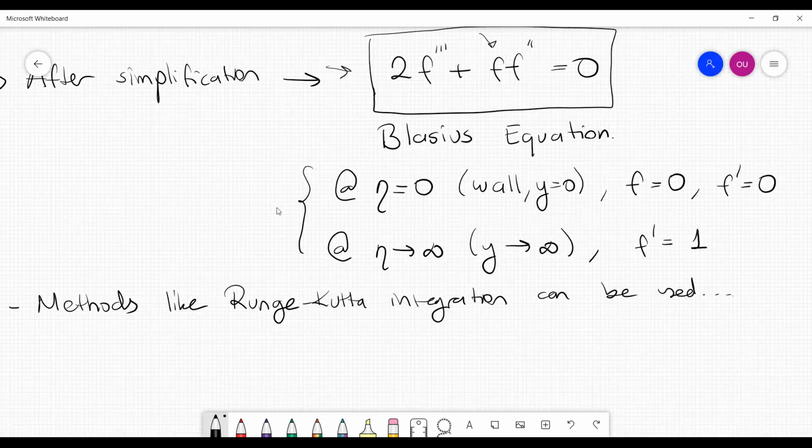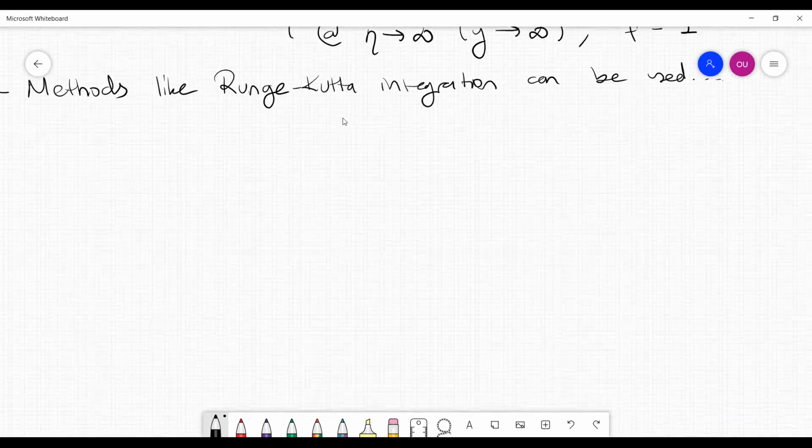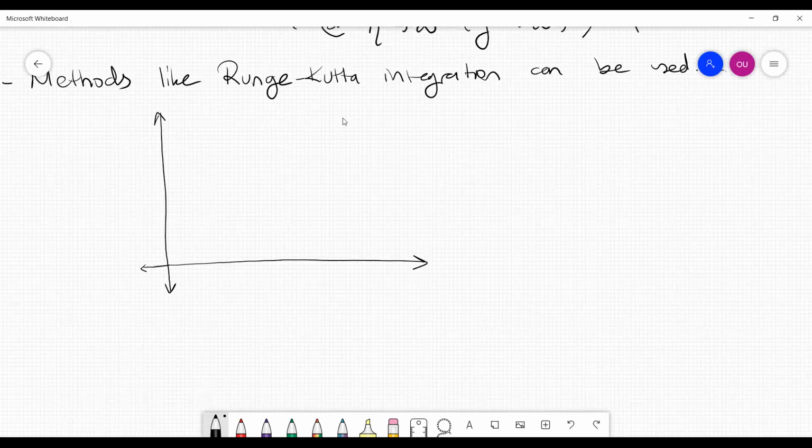Okay. And when we do the integration, we basically obtain a solution for the velocity profile inside the boundary layer of a flat plate that is exposed to U infinity.